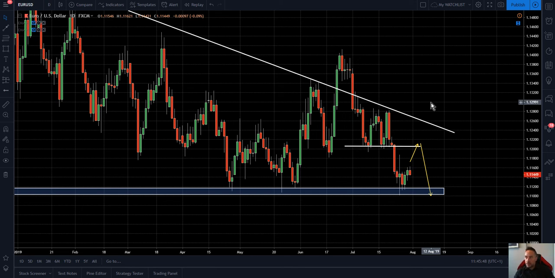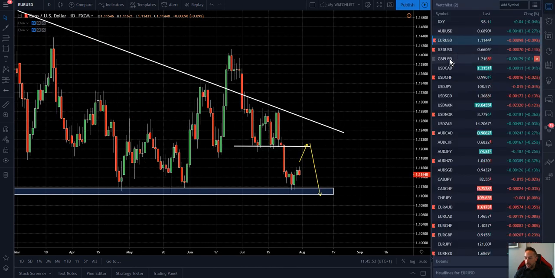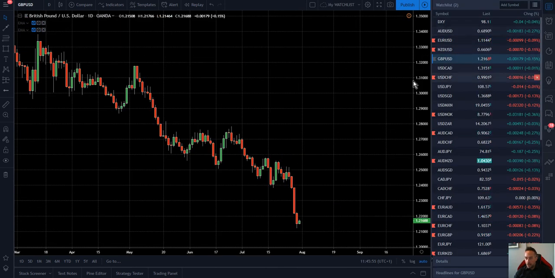One currency that is on everyone's lips at the moment is the pound. We've seen it really sink.